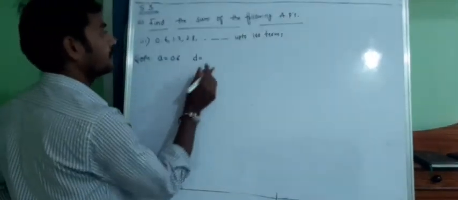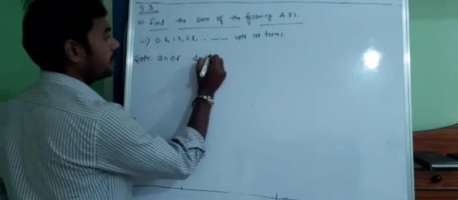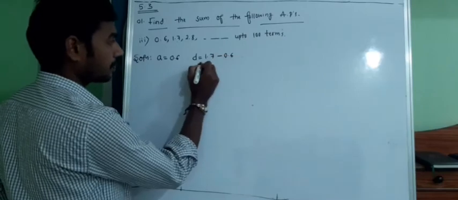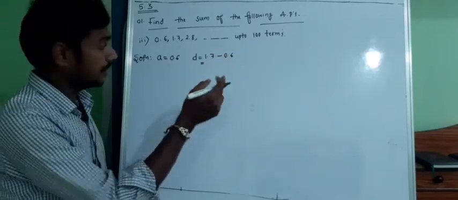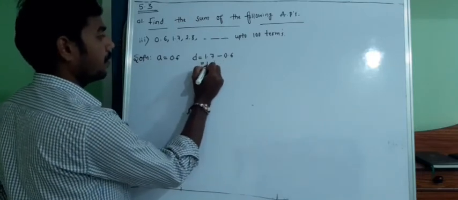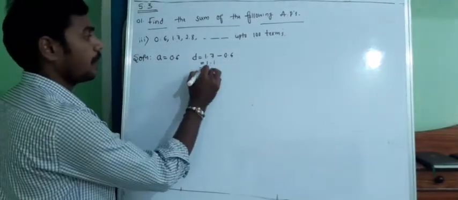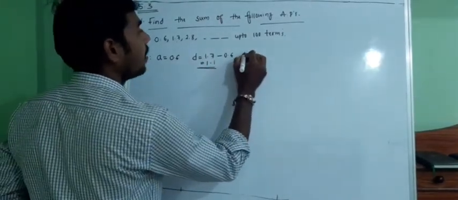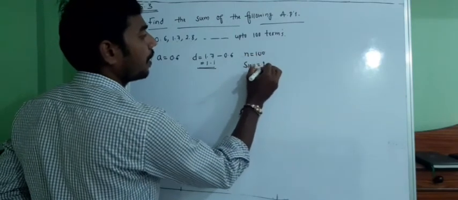D is succeeding minus preceding, 1.7 minus 0.6. After the decimal, one digit is there, so directly I can proceed. 7 minus 6 is 1. So 1 minus 0 is nothing but 1. 1.1. D is 1.1. So n is equal to 100. We need to calculate S100.